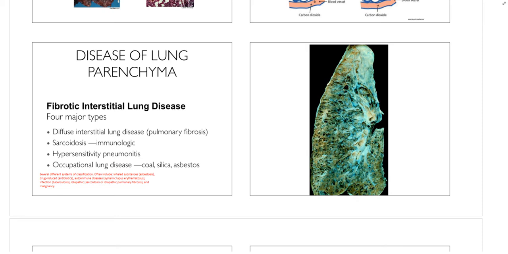Other ways that we can classify them that seemed common were interstitial lung disease from inhaled substances like asbestos, drug-induced like with antibiotics, autoimmune diseases like lupus, infection through tuberculosis. It could be idiopathic, which could be idiopathic pulmonary fibrosis or sarcoidosis, and it could be from malignancy.